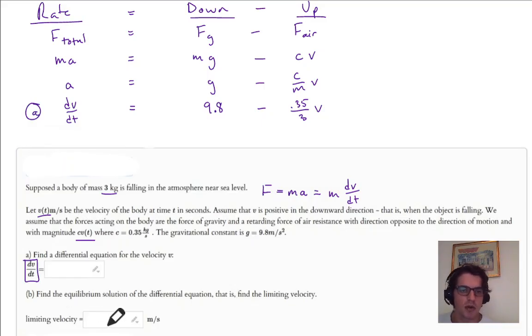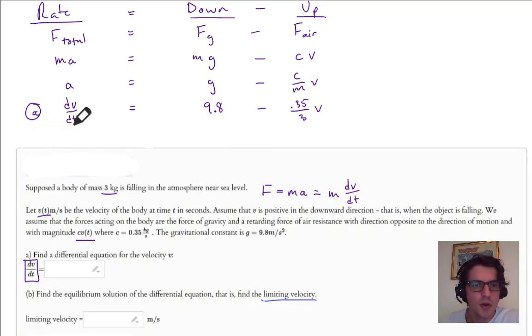And B says find the equilibrium solution of the differential equation, which is the limiting or terminal velocity. Hopefully you remember from the first video that the equilibrium solution is that solution that as we go towards infinity, we're just going to stay there. It was flat on the slope field or the direction field. So if we have a slope of 0 for all values of t, that would be our equilibrium solution.